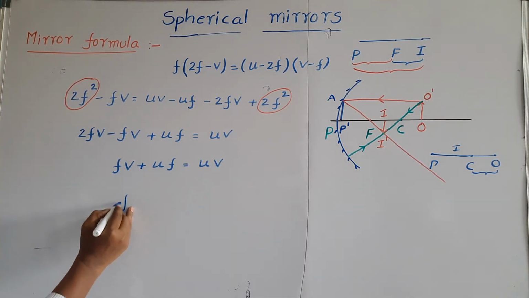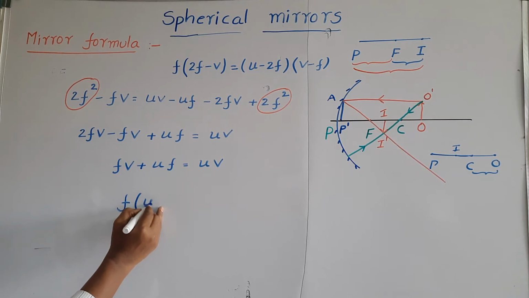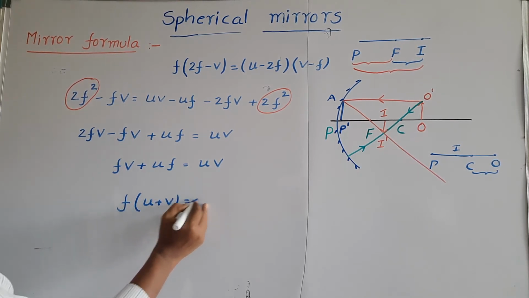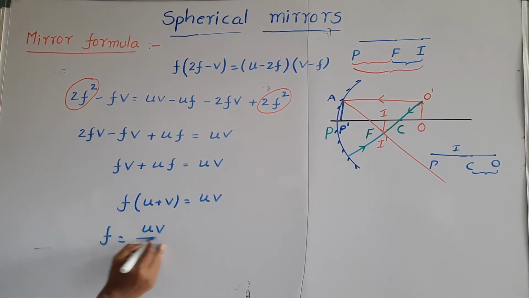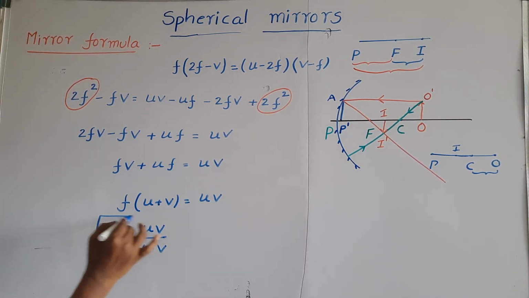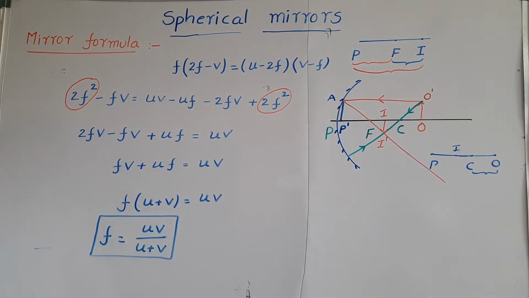Take F common, then we get U plus V is equal to UV. From this, focal length F is equal to UV by U plus V we can get. So this is a relation between focal length and object distance, image distance.